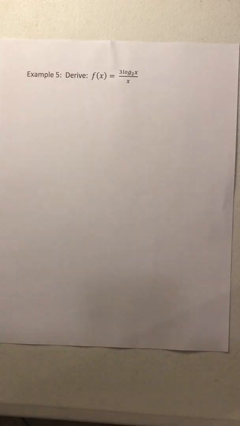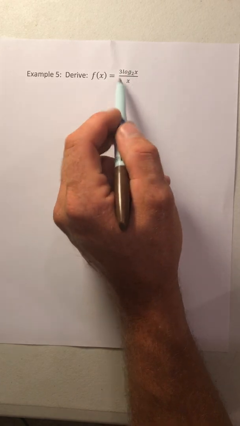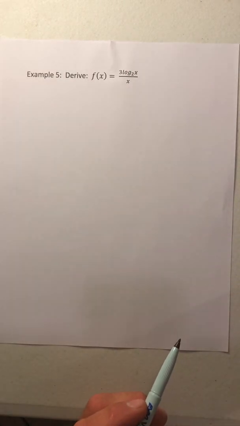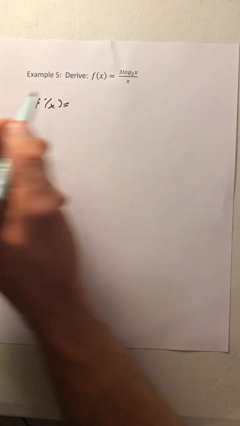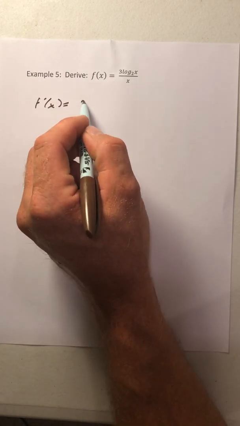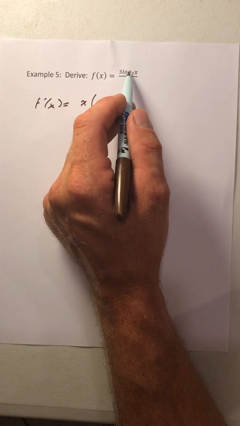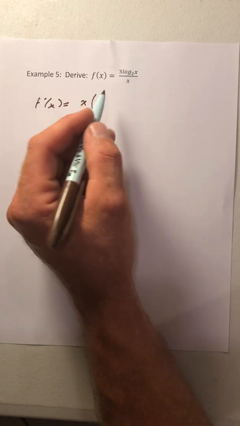Let's see, I think I have one more example, and I do. Notice here we have f of x as being 3 log base 2 of x divided by x. So here we have a log within a fraction. Oh, how ugly. So here we actually have a quotient rule to begin with. Our quotient rule tells us x and then the derivative of 3 log base 2 of x.